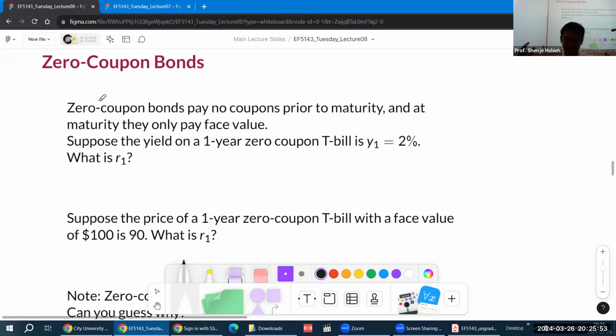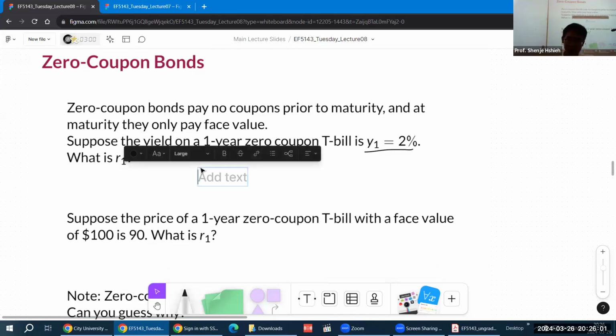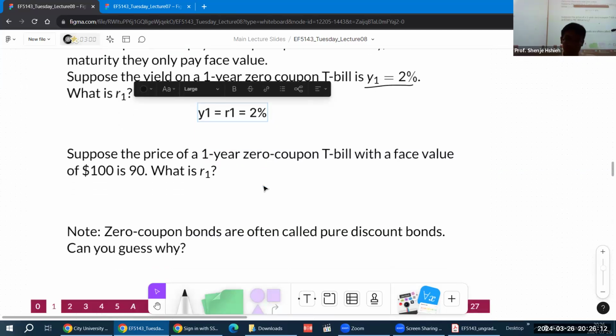So let's go over some examples. Suppose we have a 1-year zero coupon T-bill. We know that the yield is simply equal to the proper term structure of interest rate for 1 year. If you have a 1-year zero coupon bond, it's the same thing because there are no coupon payments.